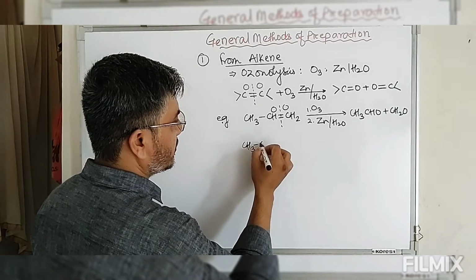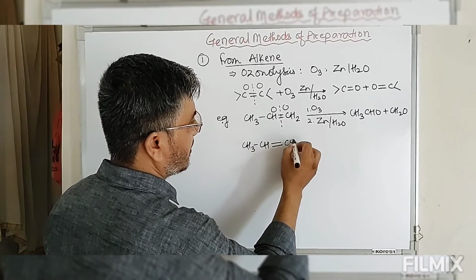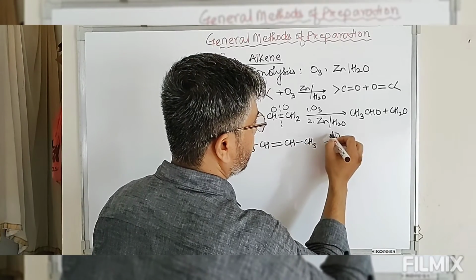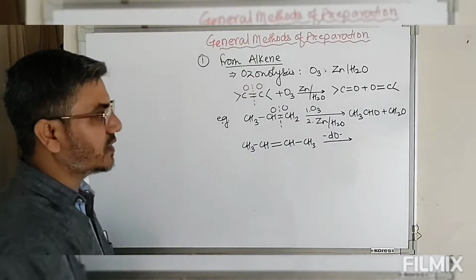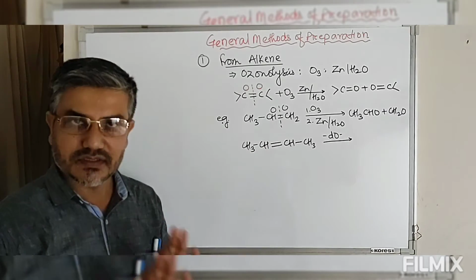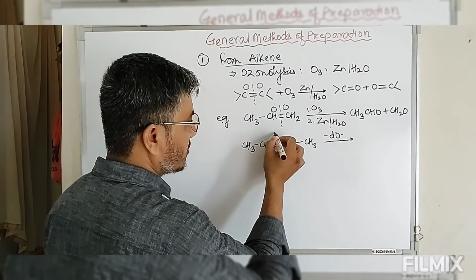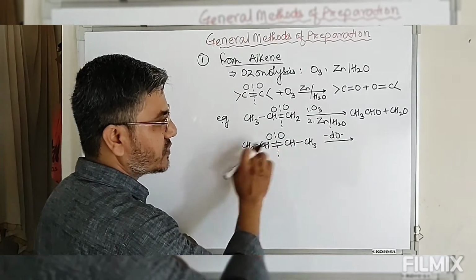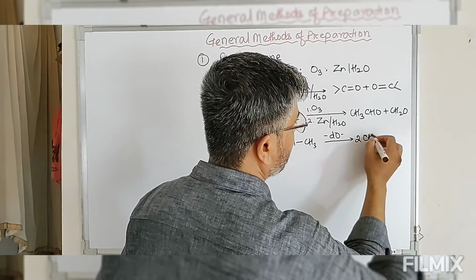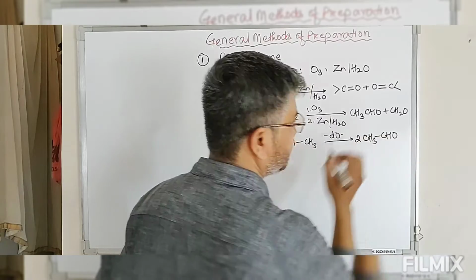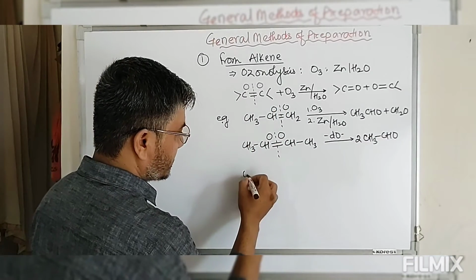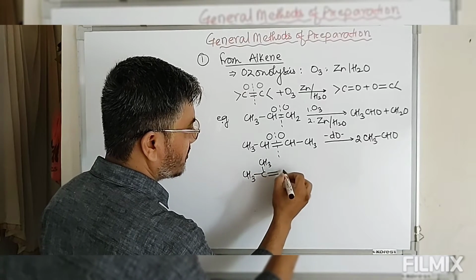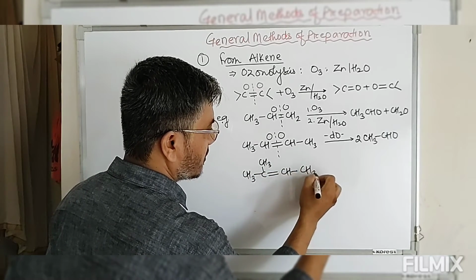Take CH3 CH double bond CH CH3. Using the same reagent, ozone followed by reduction with zinc and water, we break this bond. Now both the groups are identical, we have CH3, so this will give you 2 moles of aldehyde. Take this reaction further, CH3 CH3 C double bond CH CH3.